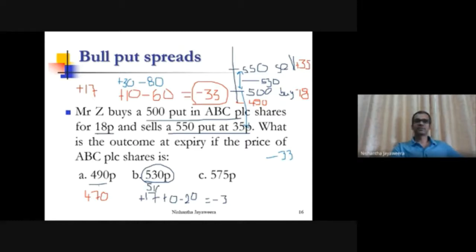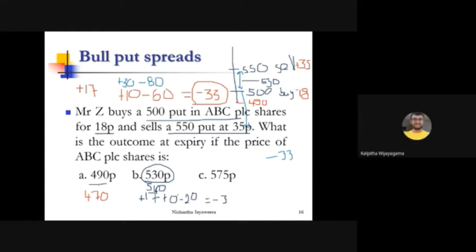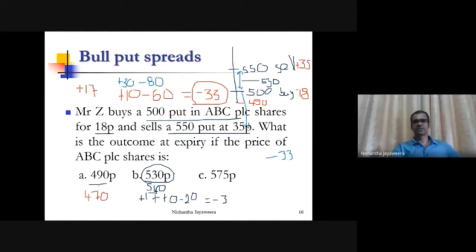What if it is 540? Instead of 530, the price is 540. Still you don't exercise your right, correct? Yes, 0. But now what's the payout?